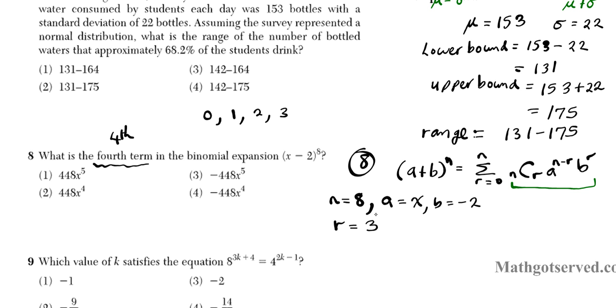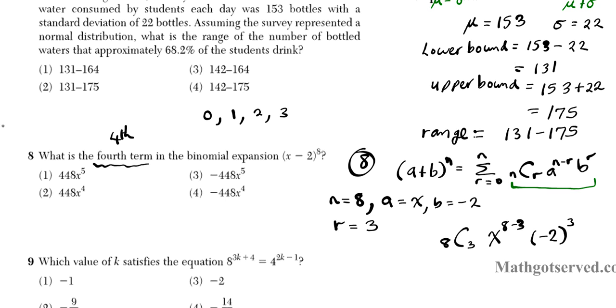Now we'll simply plug all these values into this component of our binomial theorem, and that will generate our fourth term for us. So let's do it. We're going to have 8 choose 3, x to the n minus r, which is 8 minus 3, and then b is -2, so (-2) to the r, which is also 3.